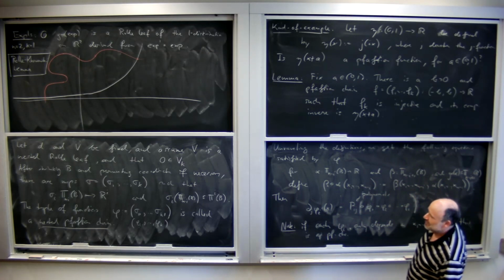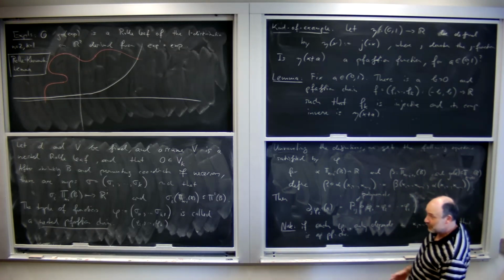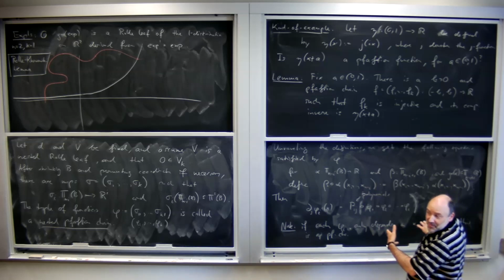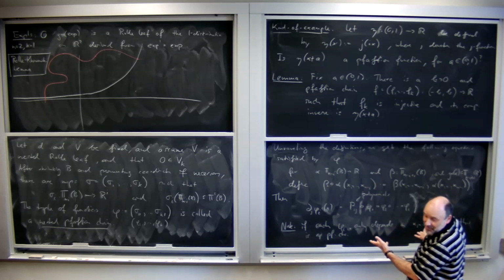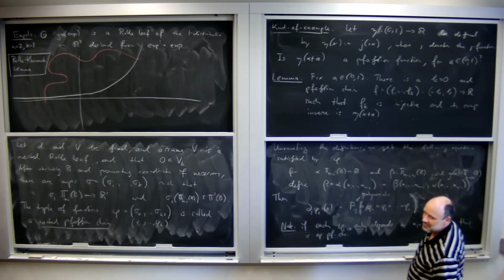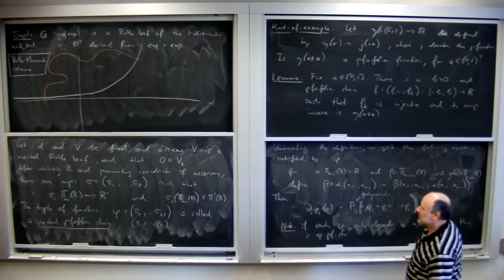There are lots of questions that one asks about Pfaffian functions. Maybe they're easier to answer in the nested Pfaffian case. Maybe they're true in the nested Pfaffian case, but false in the Pfaffian case. It's all still stuff we're just starting to look at. Anyways, I'm going to stop here.